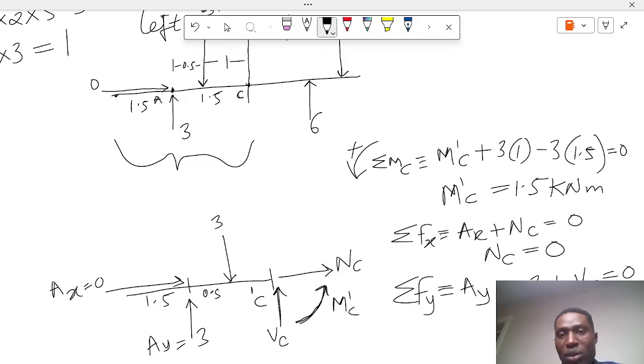And recall that we solved AY before. AY was 3. So therefore, VC will be equal to 0. So that is what we've solved.